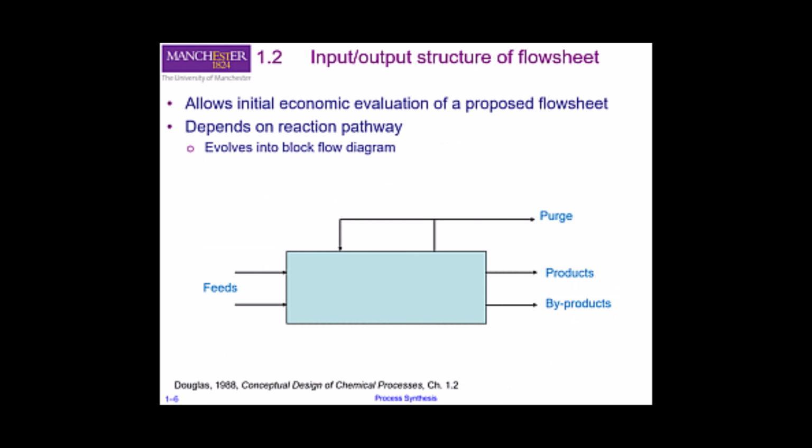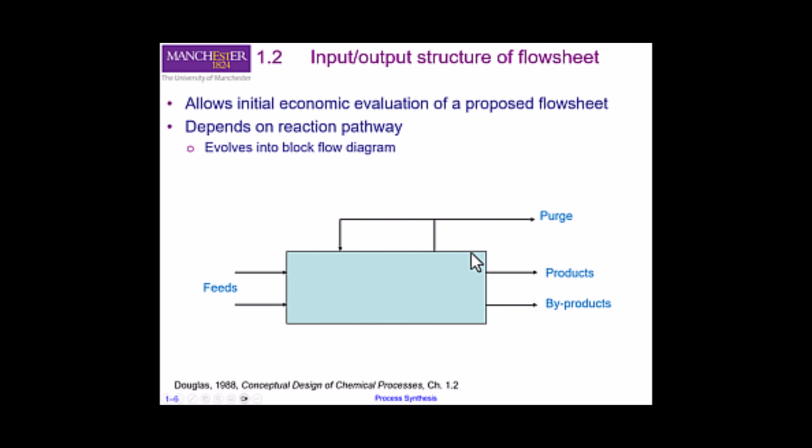Then the next step to this process is developing an input-output structure of the flow sheet. And what we do here is that we look at the similar detail, but now we add more information. So it's an extra layer of information on top of our process concept. Again, here we are looking at what is the feed to this block or this blob that we had in the previous slide.